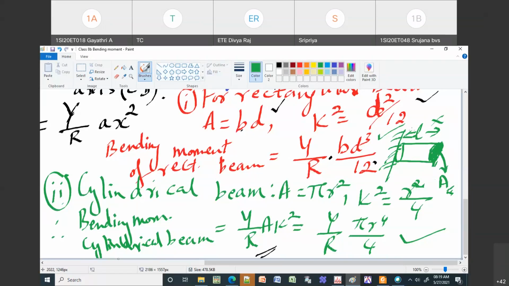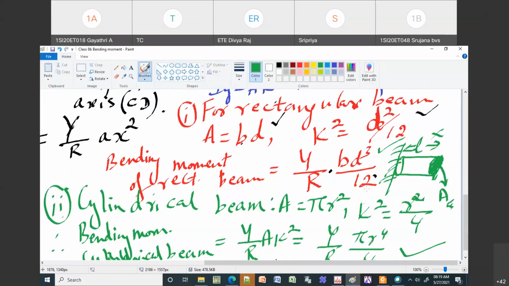Someone asked a question, I think the same question. K square is a geometrical constant, and it depends on the geometry of your beam. For example, if you take your rectangular beam, K square is D square by 12. And if you take your cylindrical beam, your K square will be R square by 4.